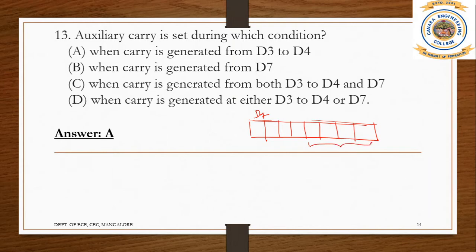This is my lower nibble and this is my upper nibble. So this is D0, D1, D2 and D3, and obviously this will be D4. Whenever there is a carry from D3 to D4, or lower nibble to upper nibble, then the auxiliary carry will be set.